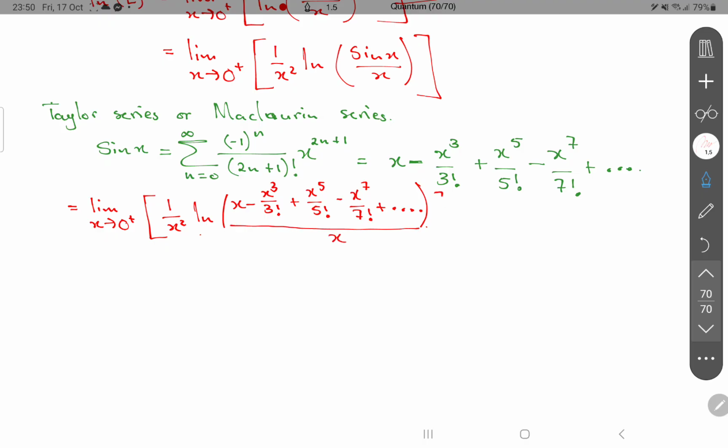Now you can see that we can factor out the x.